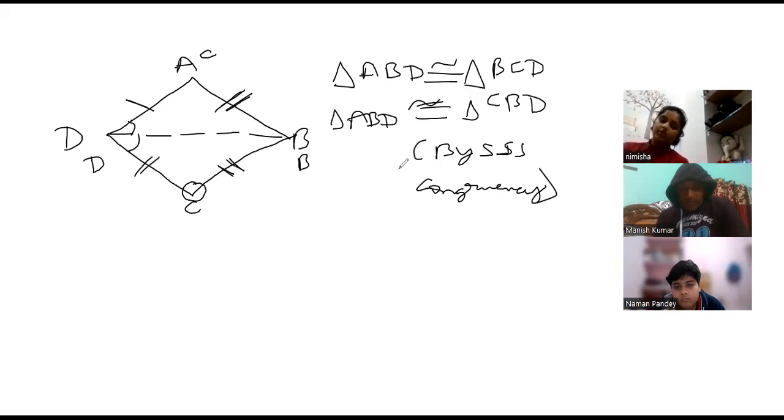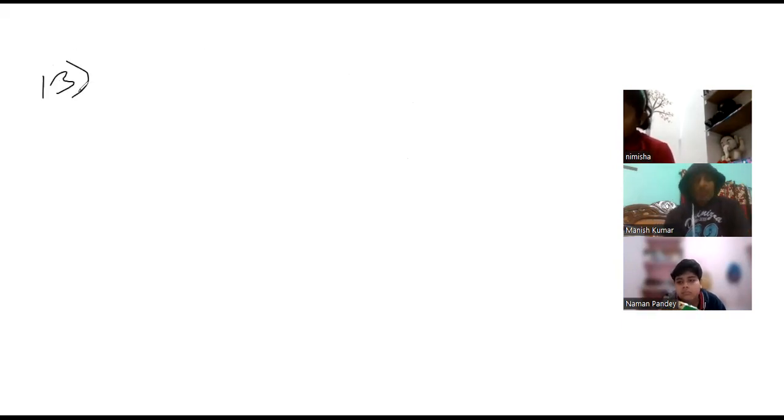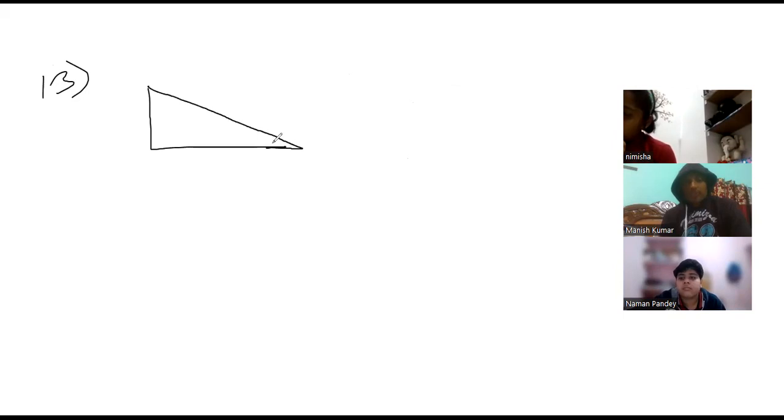By which congruence is triangle ABC equal to triangle FED? Question number 13. Now here the figures are like this. One of the triangles is like this, the other triangle is like this. Now this one is 90 degrees.